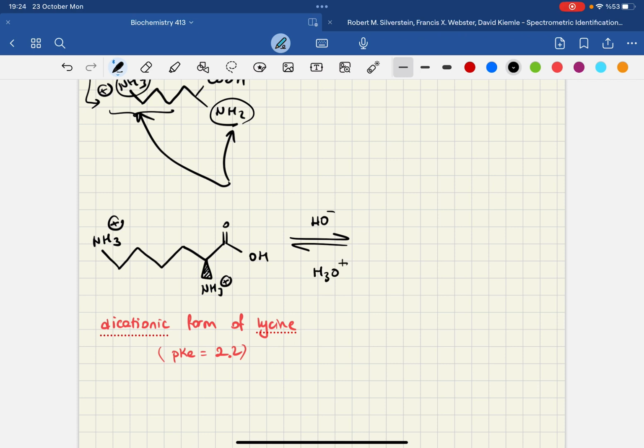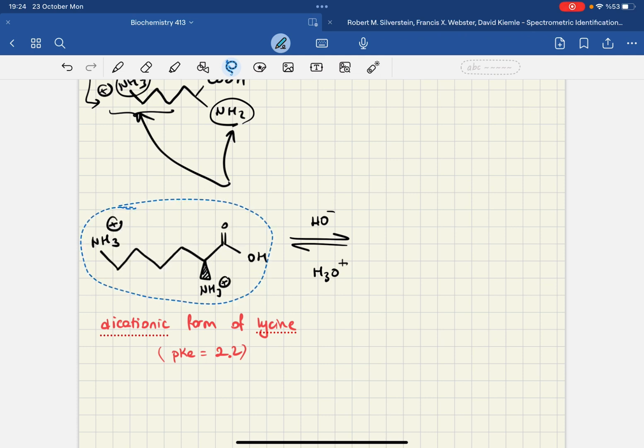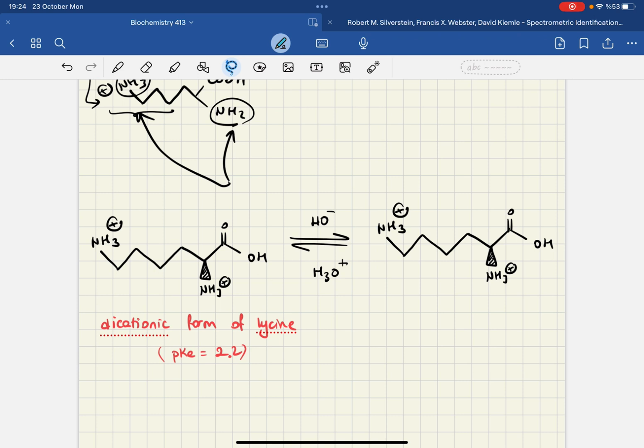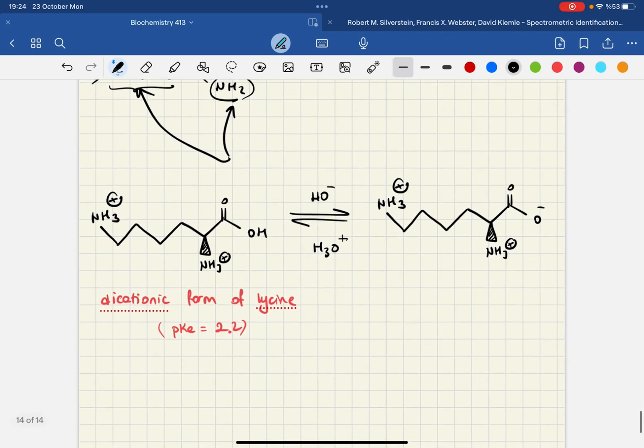We will note that the first thing that disappears will be the hydrogen of the acid group, naturally, right? Now let me copy this so that I can easily draw on it. Copy, paste. Here, this is the first thing that disappears, and this is the monocationic form. This is the decationic form. This is the monocationic form.